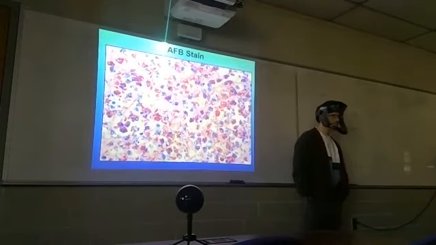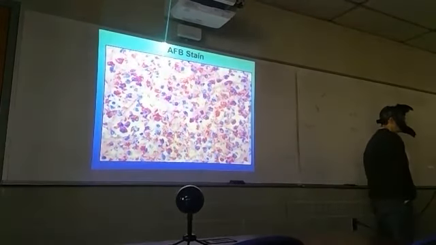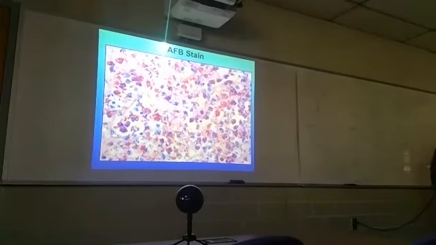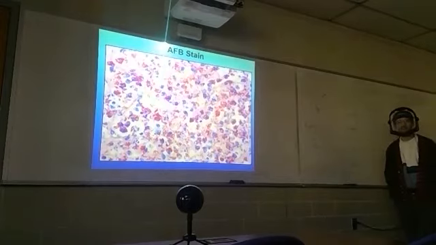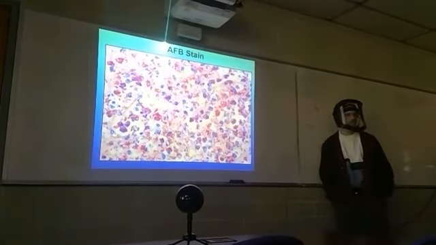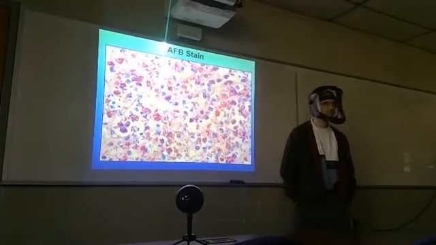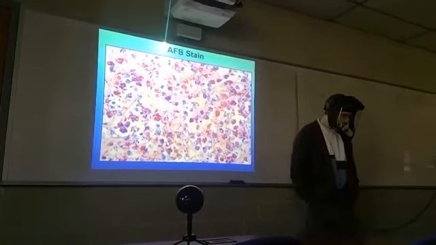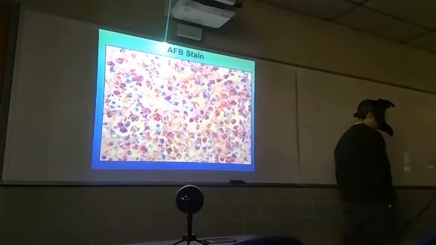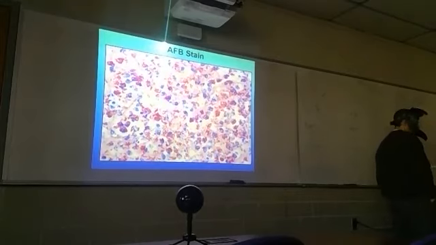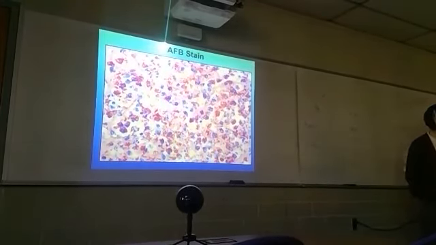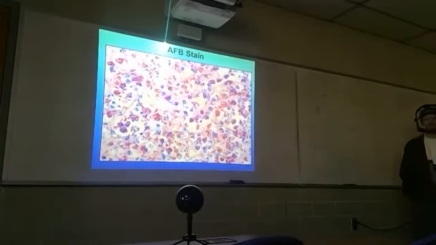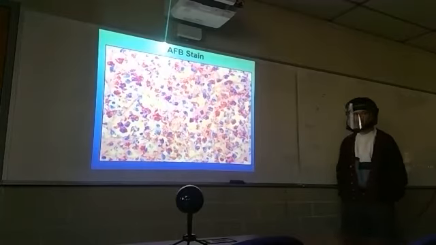As a result of that, there are two main ways in which a TB infection can present. One spectrum of features is called primary TB. The other spectrum of features is called secondary TB. Primary TB is a group of features that the infection will present with, providing the immune system has never seen the antigens of TB before, meaning your immune system is naive to this organism. It's never encountered it before.